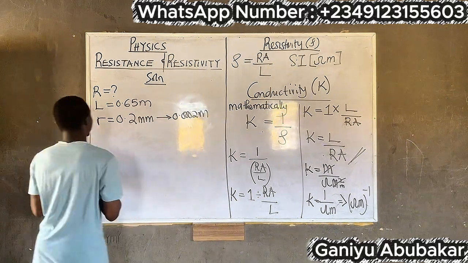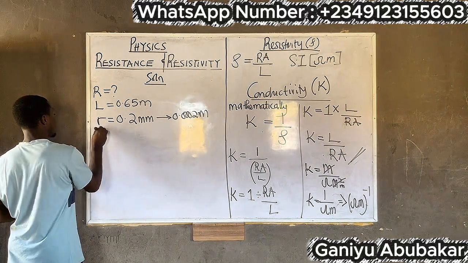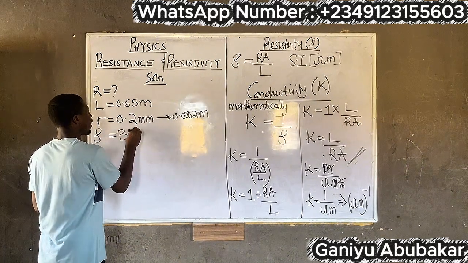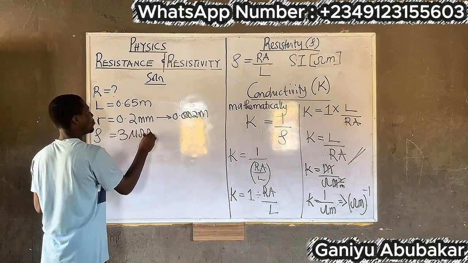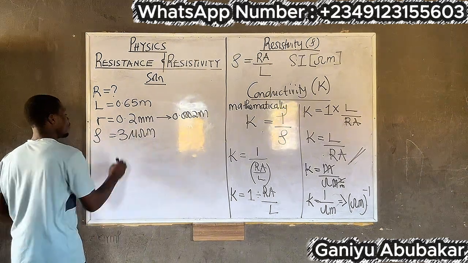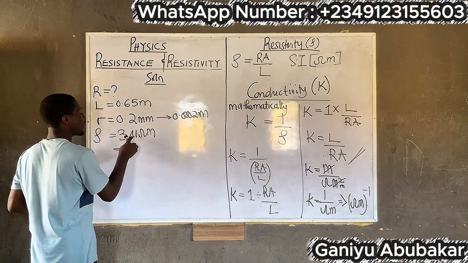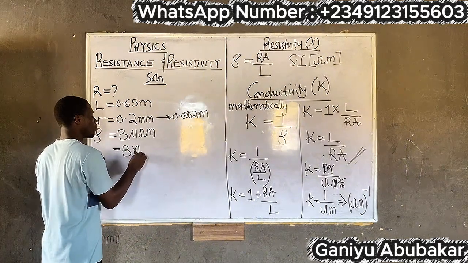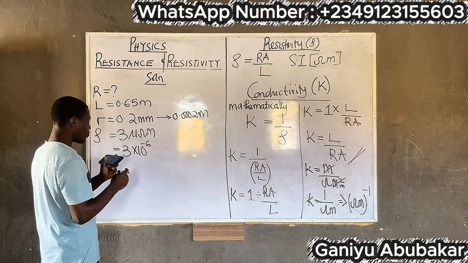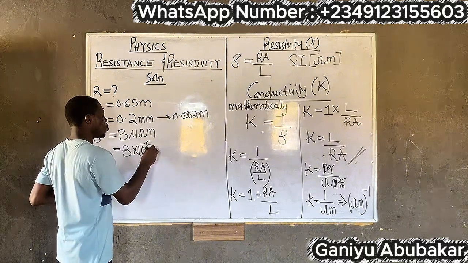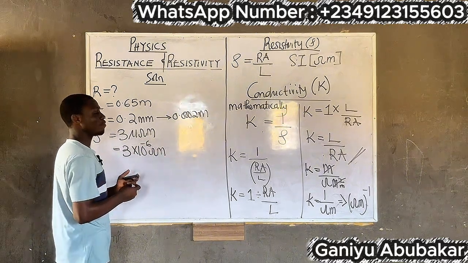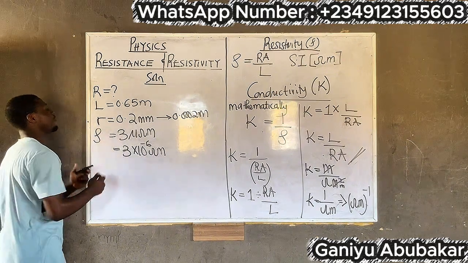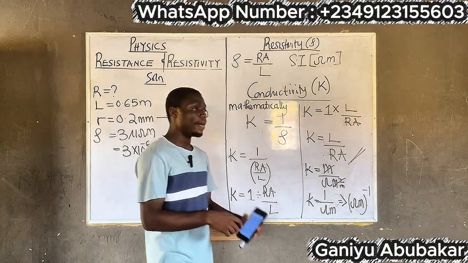We have the resistivity, rho, given as 3 micro ohm meter. Micro is just a prefix, 10 to the power minus 6. Then I'll drop my ohm meter, which is the SI unit for resistivity. With these parameters given, we are asked to find the resistance.